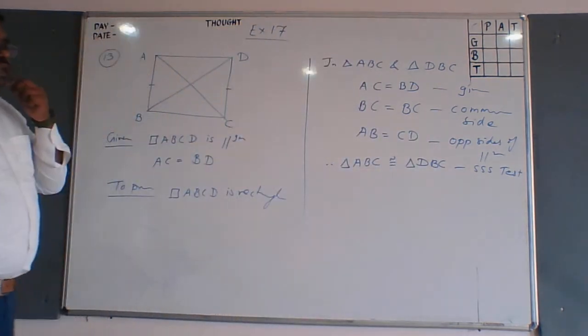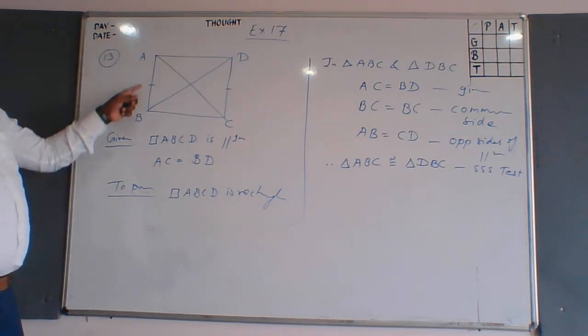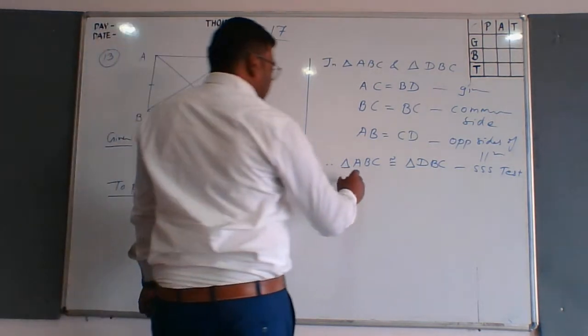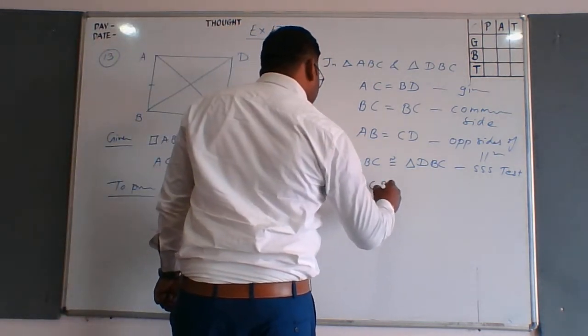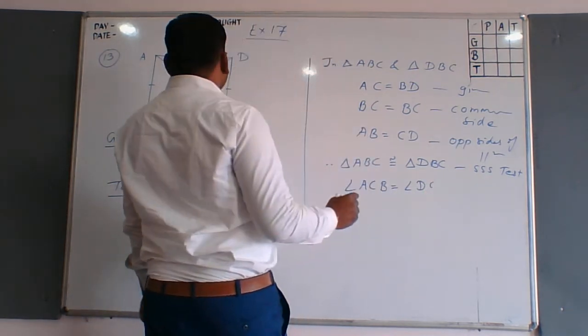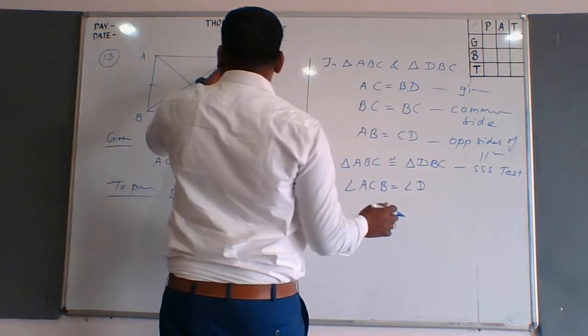Correct? See, if the triangles are congruent, then their corresponding angles are equal. So we can say that angle ABC equals angle DCB. Angle ACB equals angle DBC.